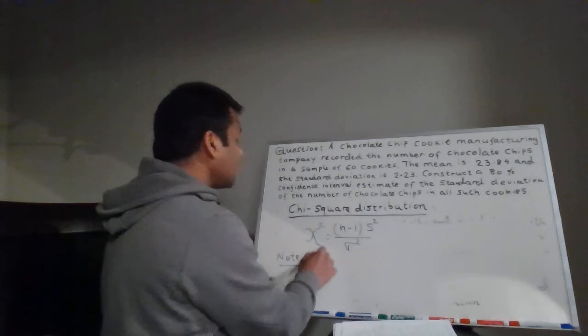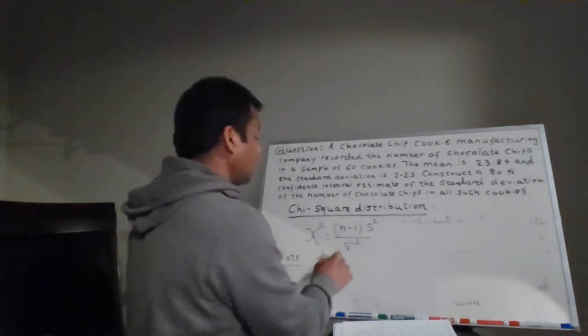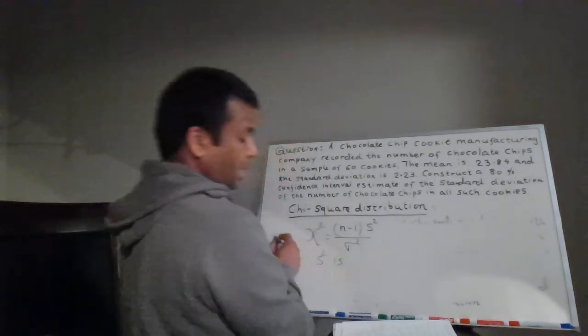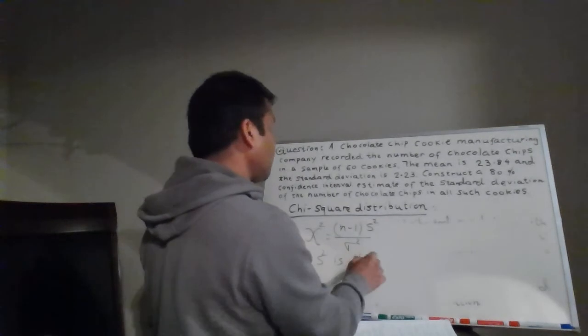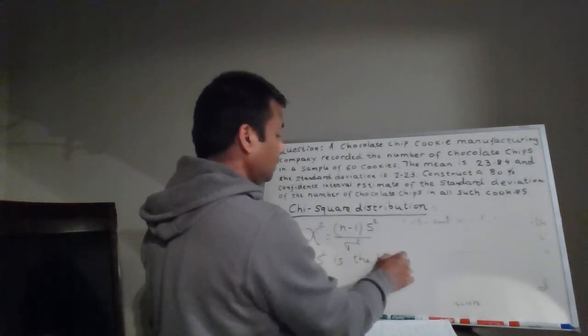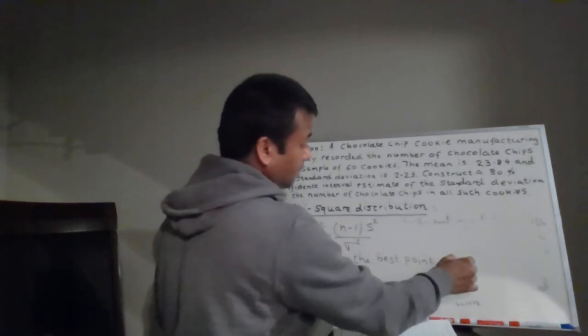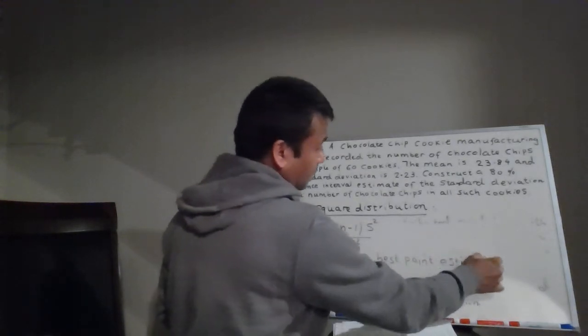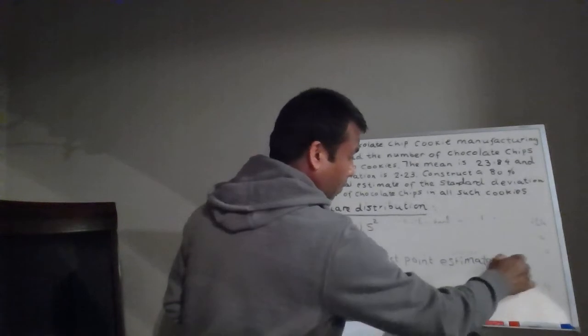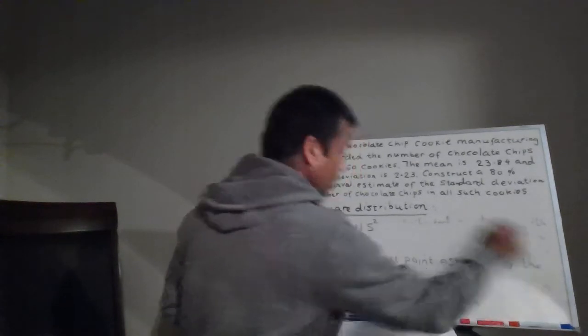So you note that sample variance S square is the best point estimate of the population variance sigma square.